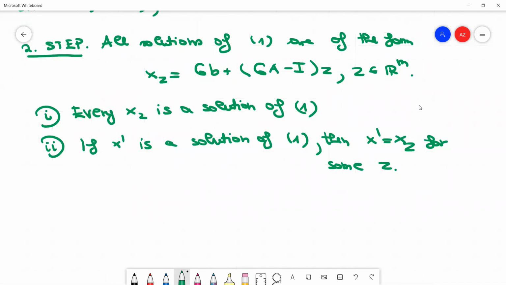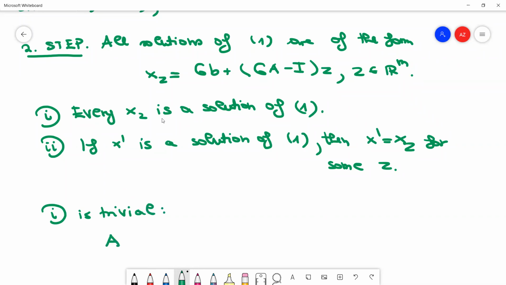So one of these steps is really trivial. One is just computation. This is the first step. To check that every xz is a solution of 1, which is just one line computation. So I is trivial.